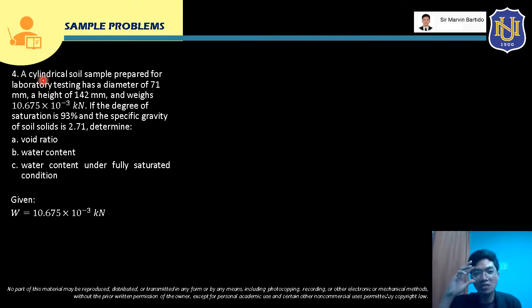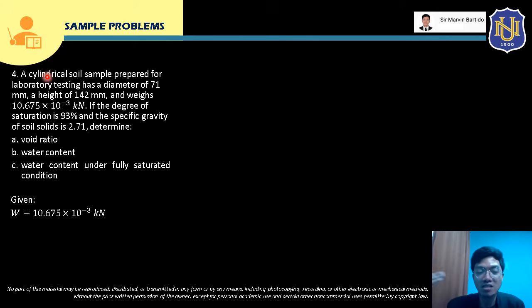So, class, the problem gives the dimensions of the cylinder containing our soil sample. The volume of our soil sample can be obtained by solving the volume of the container.